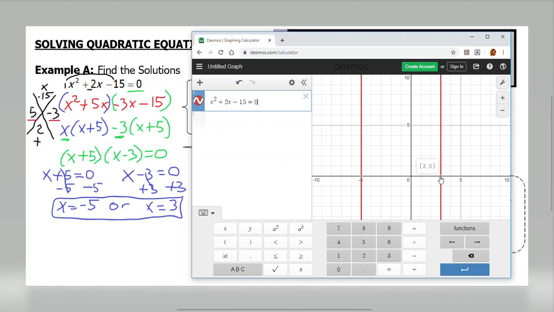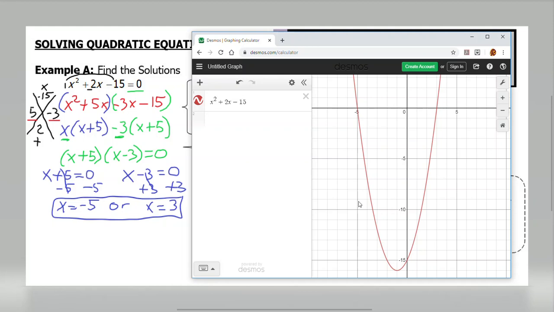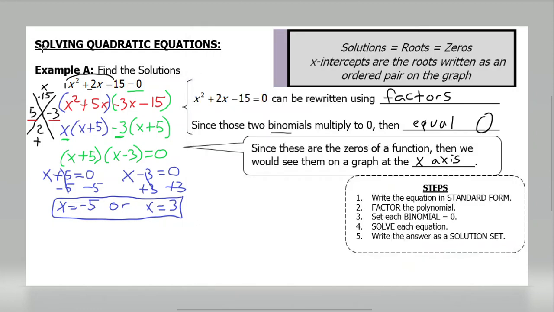And what's my other answer? 3. X equals 3. And if you look, it gives us this parabola, this U-shaped curve here, as an answer. That's a quadratic. And in our solutions, what we just solved for is where it crosses the x-axis. So solutions or roots are always where it crosses the x-axis. So Desmos is a very useful tool to check your work.